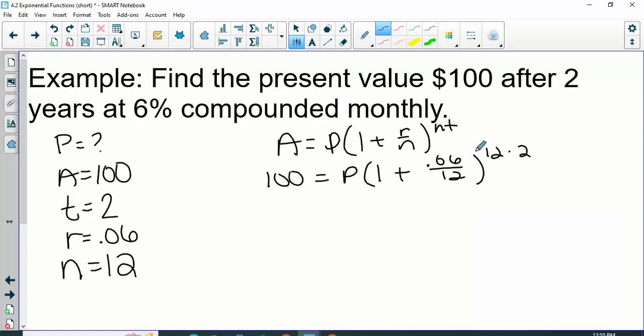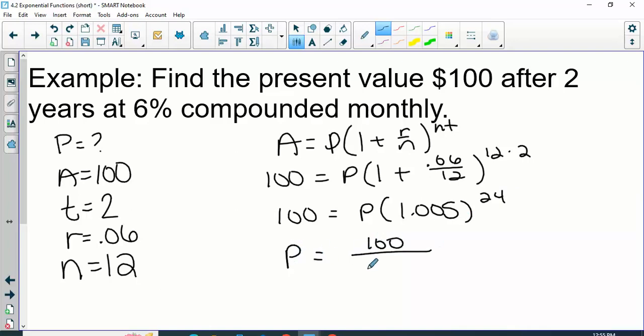So you're welcome to kind of clean this up a bit. One plus 0.06 divided by 12 is 1.005 to the 24th. So to get P by itself, you have to divide.